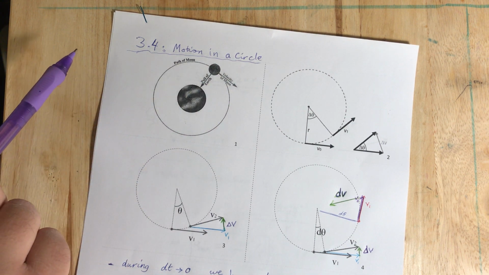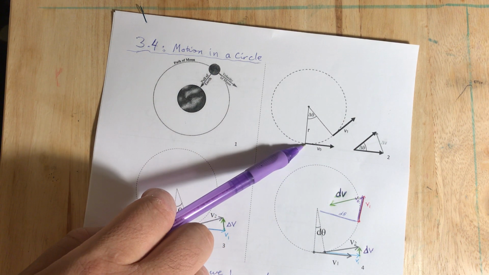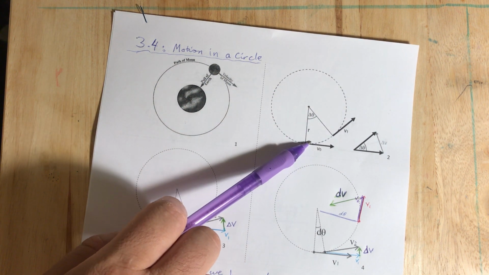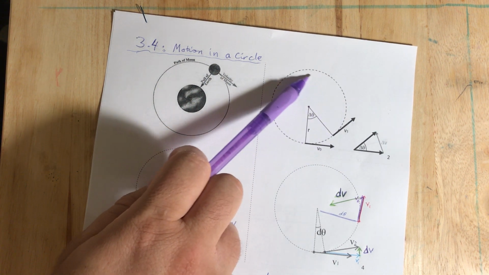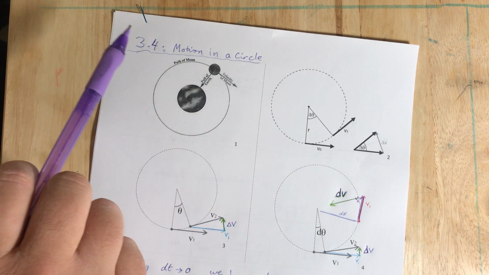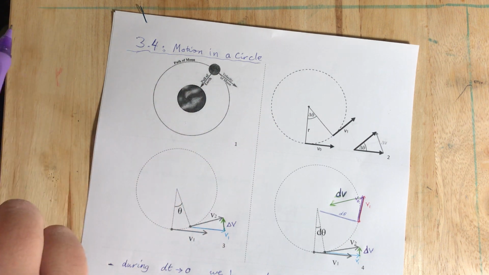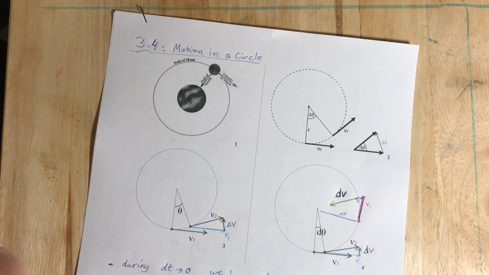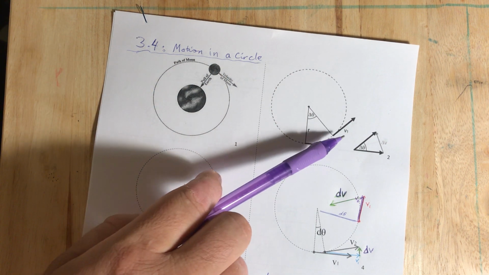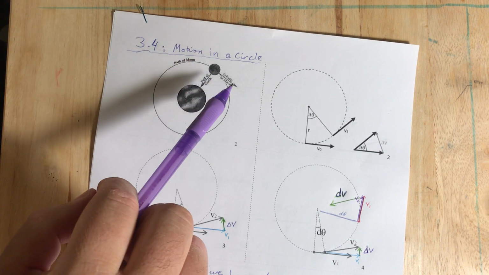To understand this, suppose we have a body moving in a circular motion, and the radius of this circular track is r. Now we have two velocities, v0 and v1, but the speed is the same.